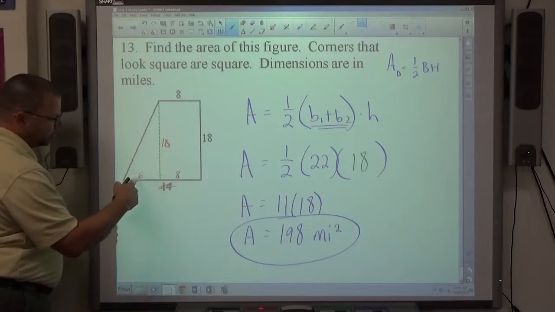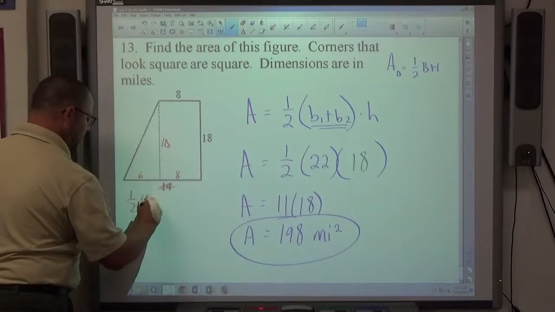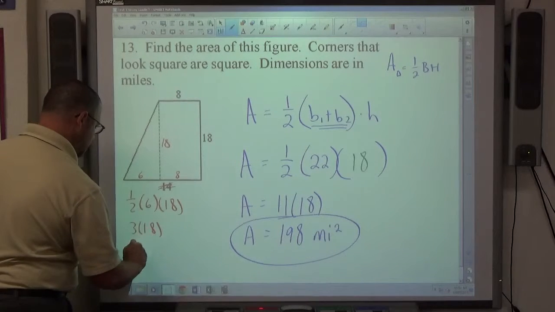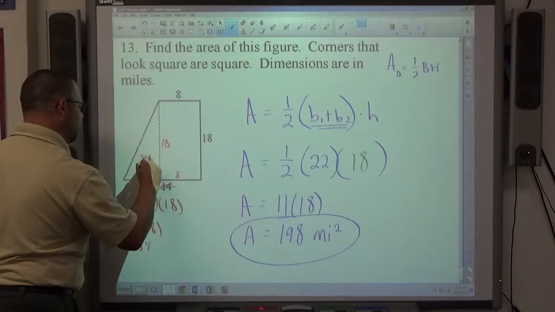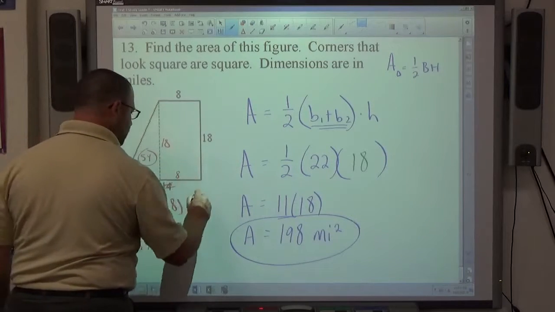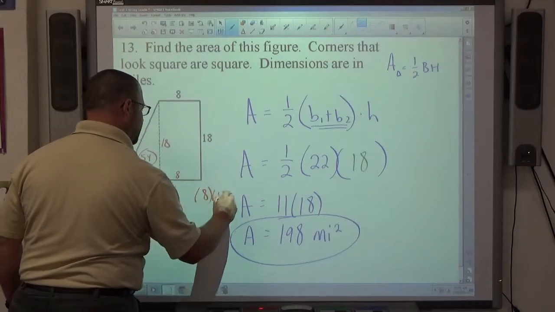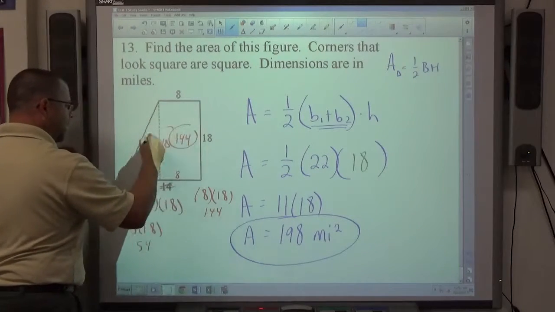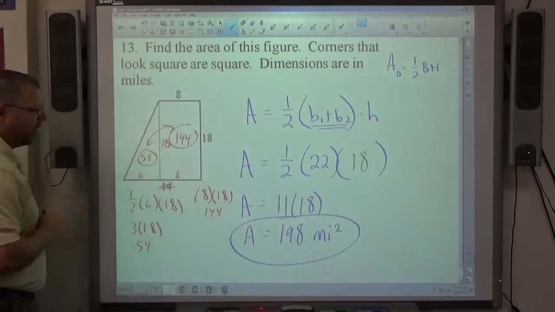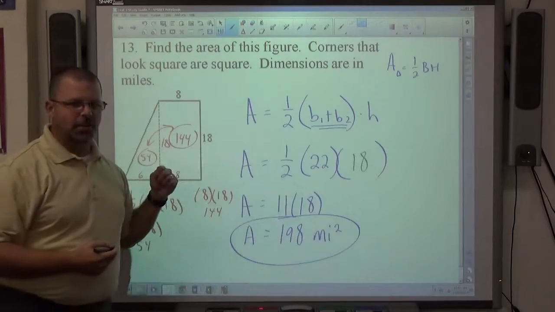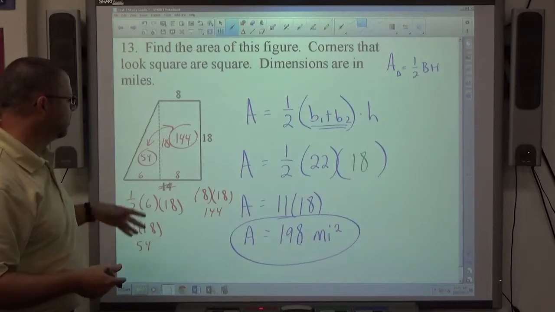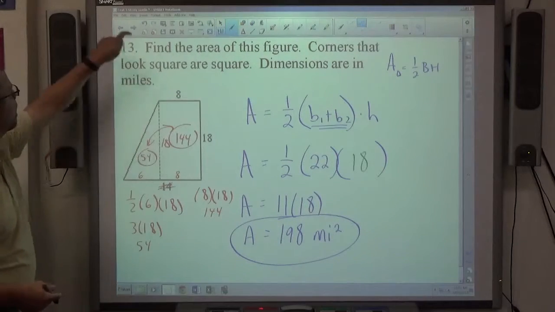So you got a triangle, 1/2 times 6 times 18 for the triangle, which would be 3 times 18, which is 54 for this part. And this part is a rectangle. 8 times 18 is 144 for this part. Add together these 2 areas and you get 198 also. Again, there's nothing easier than the trapezoid area formula. This is not that terribly difficult either, but I'd go that route myself.